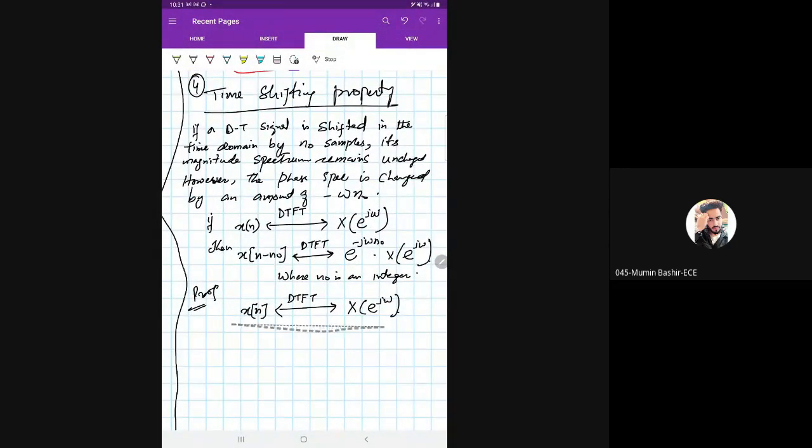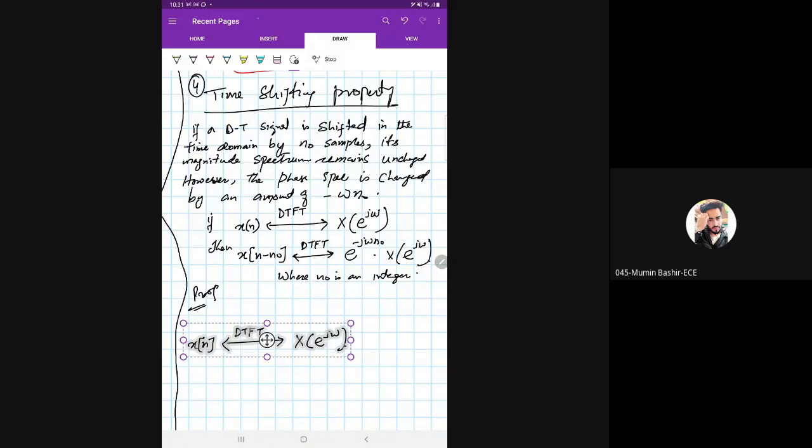Let me write it down here. So what is x of e raised to power j omega equal to? It is equal to summation of n equal to minus infinity to plus infinity x of n, this is the general form of discrete time Fourier transform, e raised to power minus j omega n.